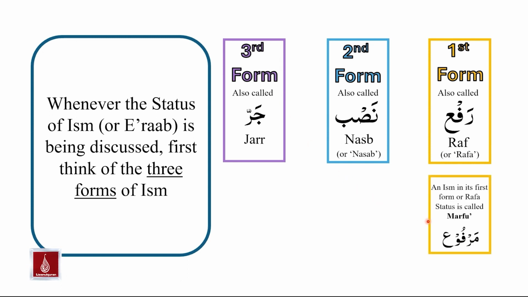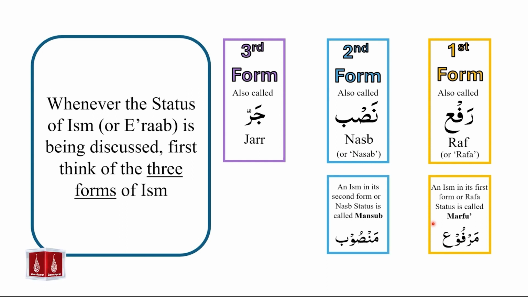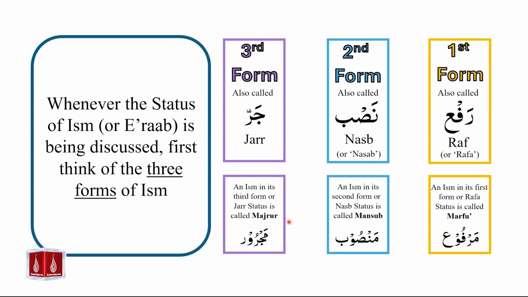An ism in its first form or Rafa status is called marfu. An ism in its second form or nasab status is called mansoob. And an ism in its third form or jar status is called majroor. This is a very important rule that whenever we are thinking of the status of the ism, the first thing that should come to mind should be the three forms of that ism.